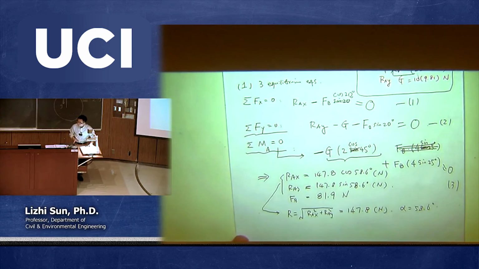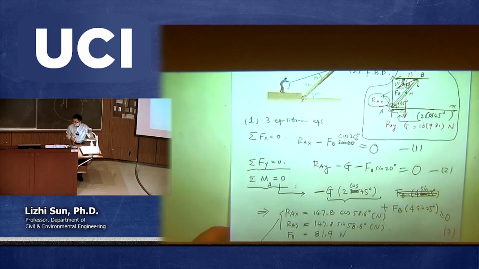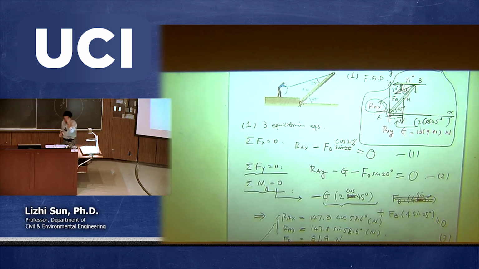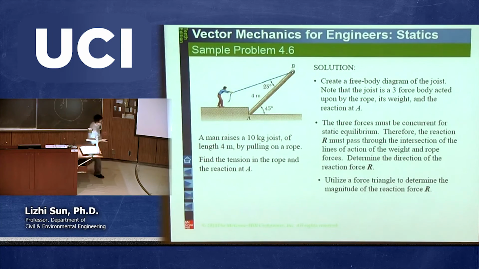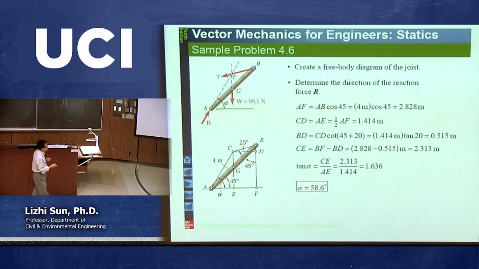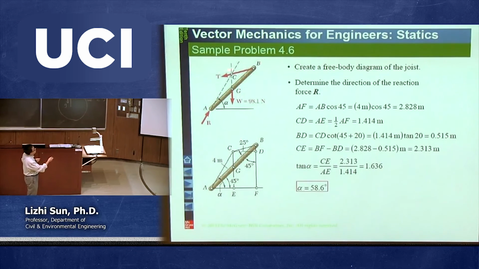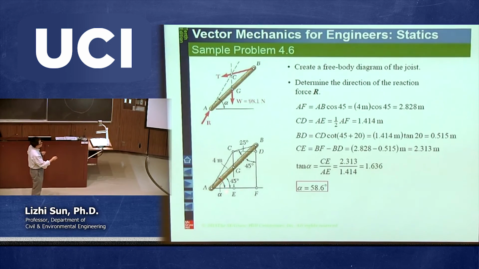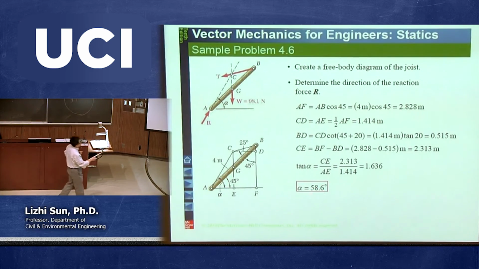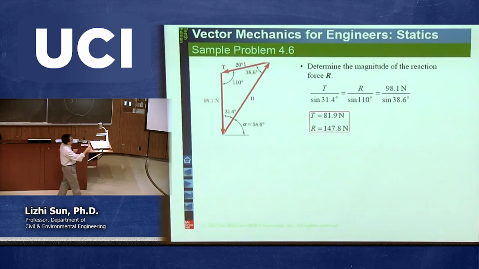If you look at the way we solve this problem, it's very straightforward if you use the component method. Of course, if you do not want to use the component method, you can come back to the geometrical way to solve the same problem. First of all, you have to understand what we call concurrent forces, where these three forces pass through the same point C. Then you can determine this angle, which is 58.6, and from this triangle, you can use the law of sines to calculate the three components.